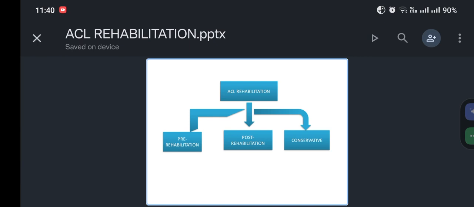So ACL rehabilitation is divided into three parts: pre-operative rehabilitation, post-operative physiotherapy rehabilitation, and third, conservative physiotherapy management of the ACL.